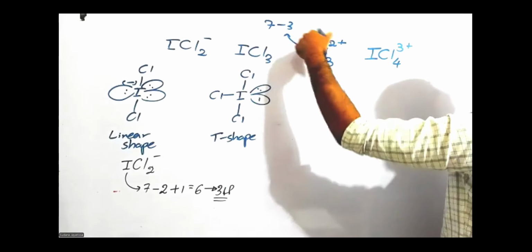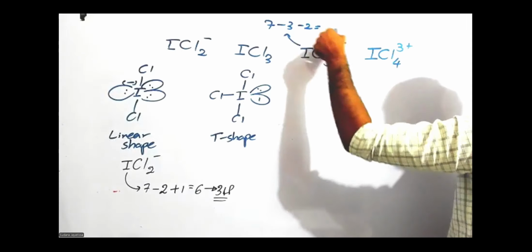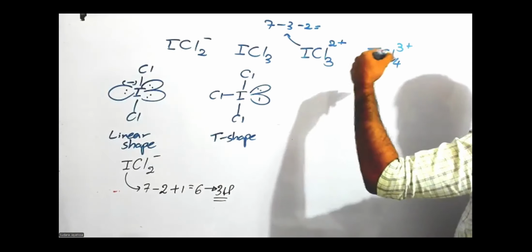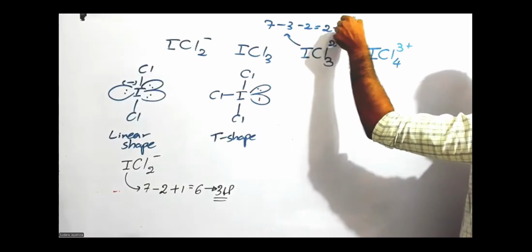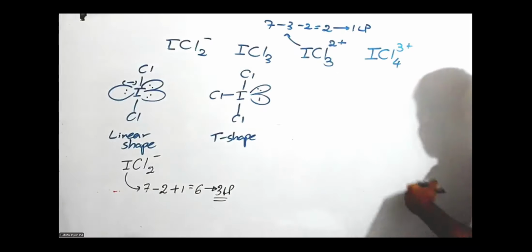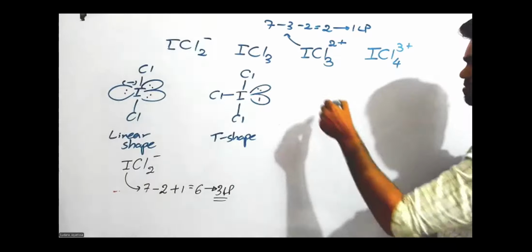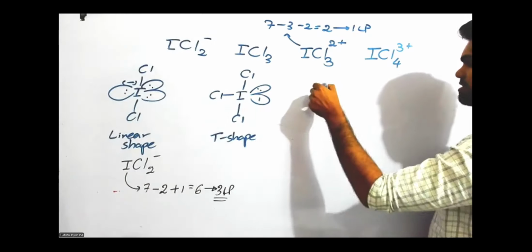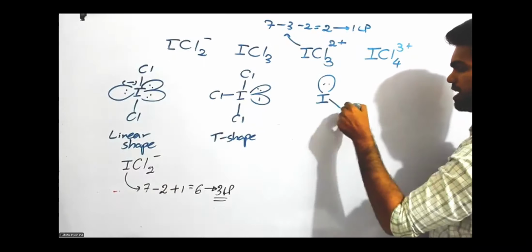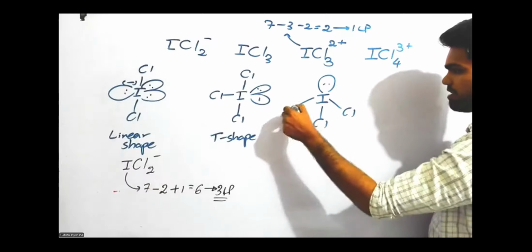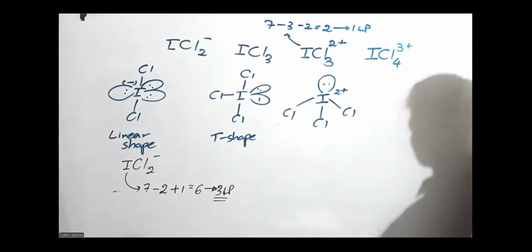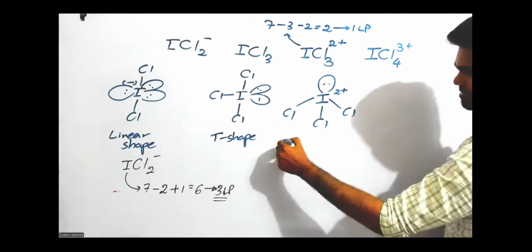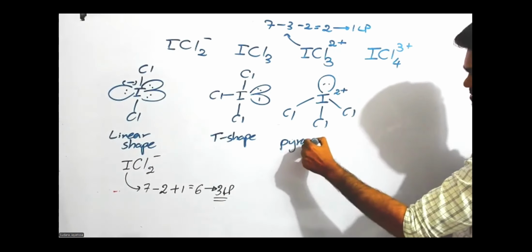So 3 are gone for chlorine, and another 2 are removed for the plus 2 charge. So 5 are gone, only 2 electrons remain. That means 1 lone pair. So around this iodine, you have 3 chlorines and 1 lone pair, and 2 plus charges. So it's going to be pyramidal, trigonal pyramidal.